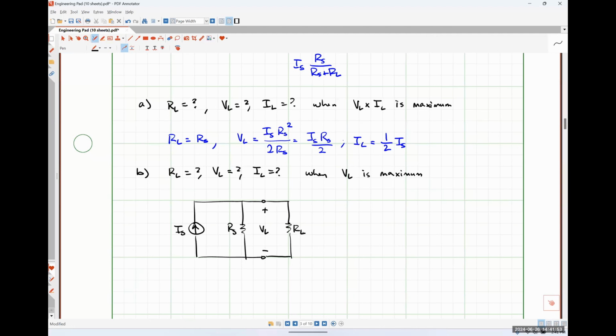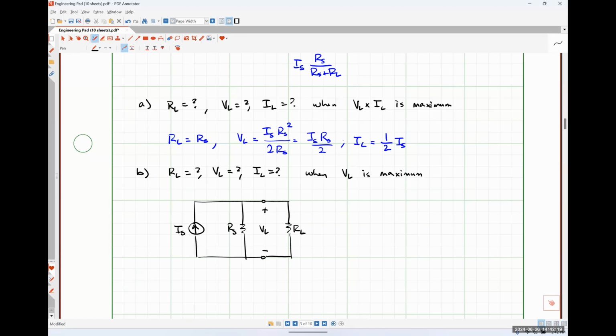So our ultimate goal here is to make sure that our voltage VL is at its maximum possible value. We can observe, I think, pretty easily that if RL has a value, then that's going to make the voltage VL smaller, right?